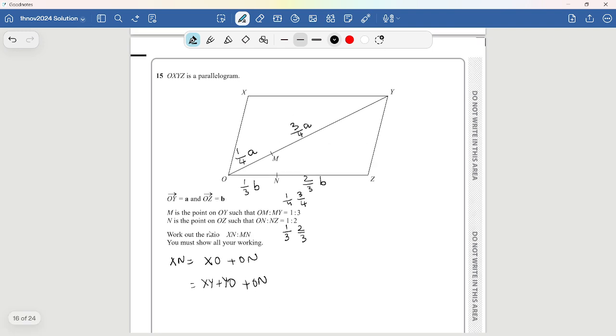So what is X to Y? X to Y is the same as O to Z because it's a parallelogram.